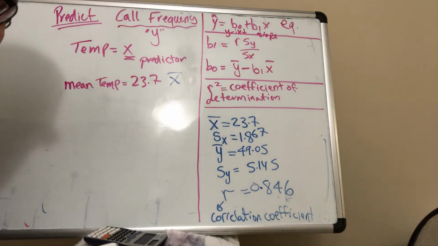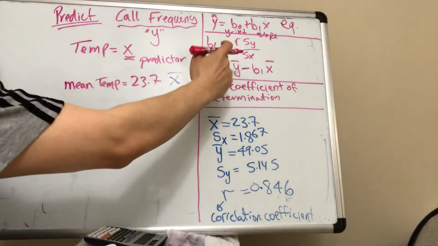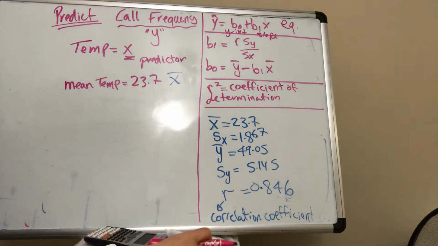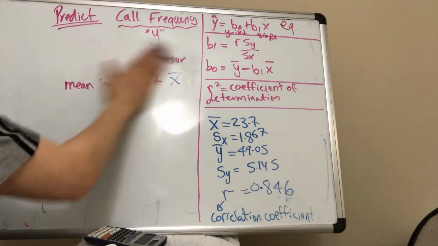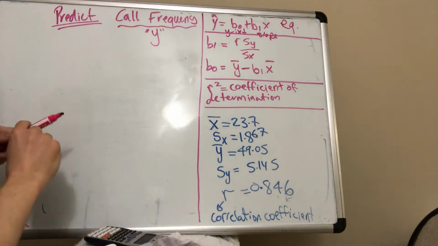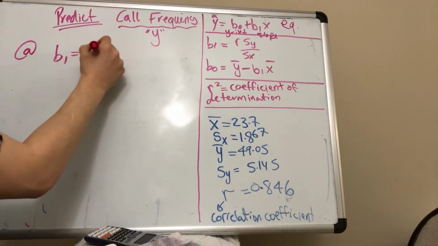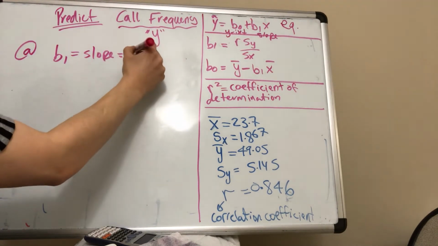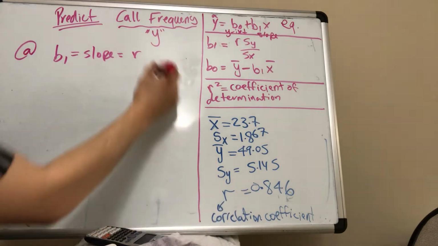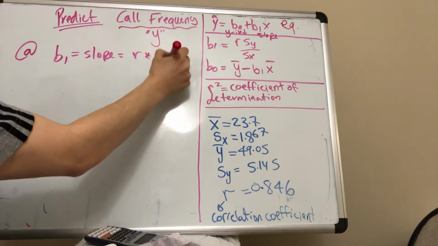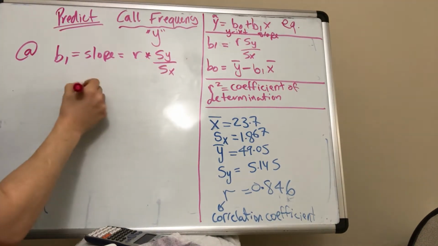Now, how do you figure out your b1 and b0? These are how you figure out b1 and b0. For b1, your slope, you take the r times sy over sx.